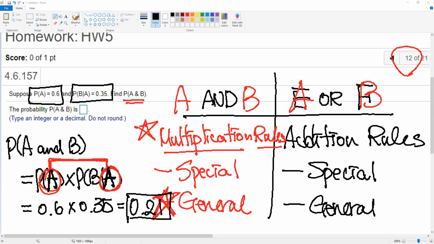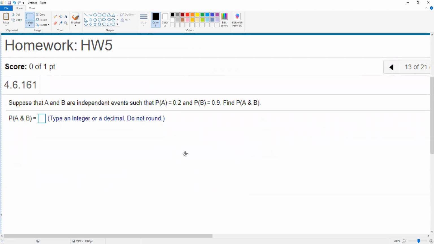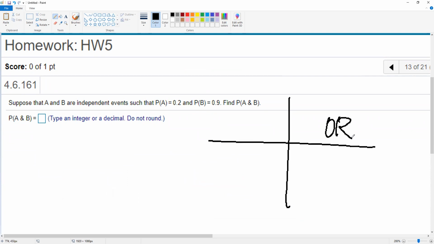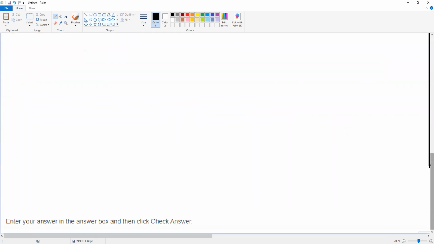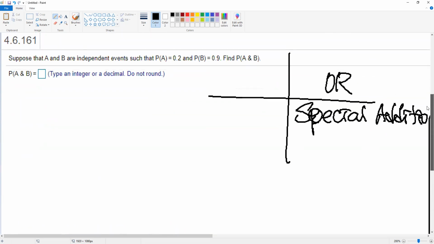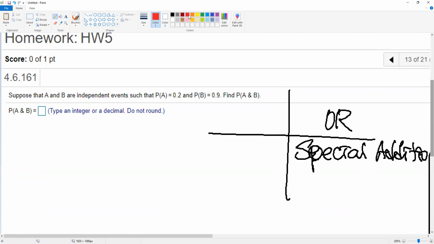But now, let me try number 13. This one is a special case. Before, when we discussed the special addition rule, they were, I'm sorry, just a second. Yes, they were mutually exclusive.